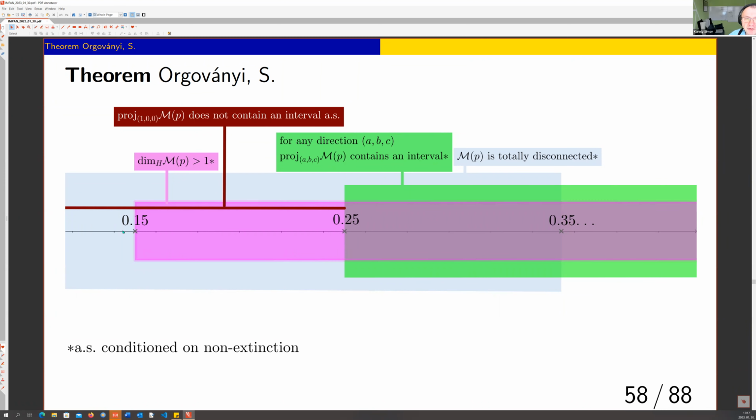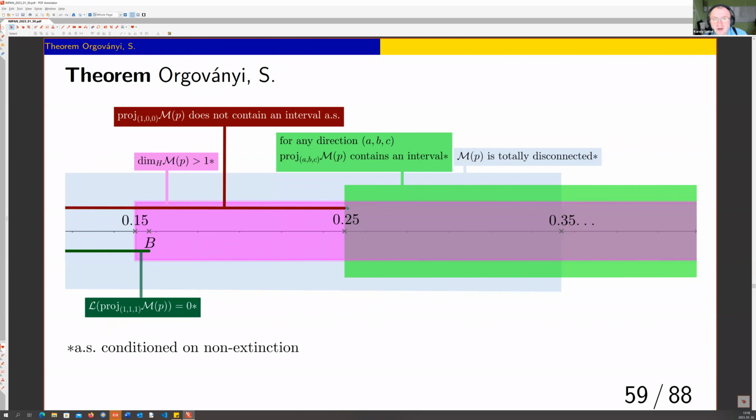If you choose a P from this interval, what happens then? Then you have a Hausdorff dimension bigger than 1, but you do not have an interval in every direction. So it doesn't happen in this case, as opposed to the homogeneous situation, when Hausdorff dimension bigger than 1 implies that in any direction you have an interval. It doesn't happen here, but there are some other little interesting things.